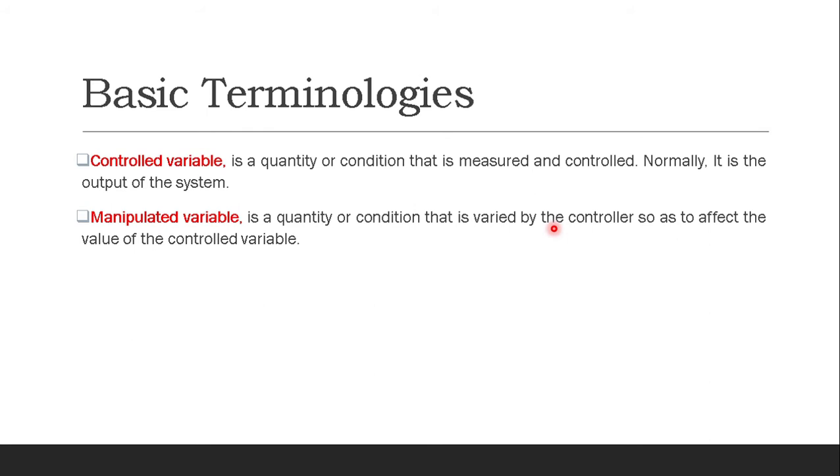By using this example, you can clearly understand what is a controlled variable and what is a manipulated variable. For this example, your speed, or the output of the system, is your controlled variable, and your brake and accelerator are your manipulated variables, because by changing the acceleration or by applying the brake, you can ultimately change the value of speed, and our goal is to maintain the speed at 80 km per hour.